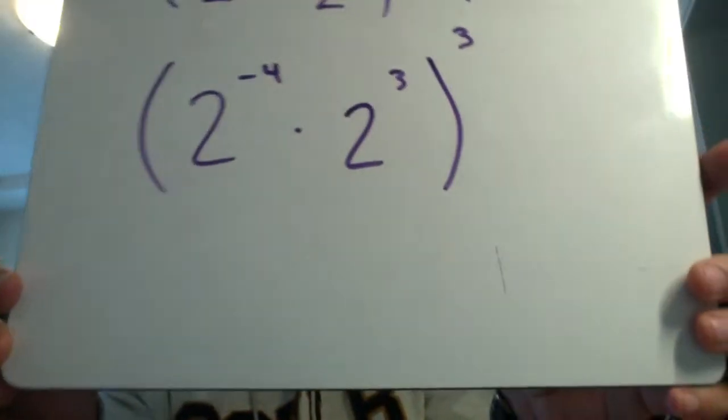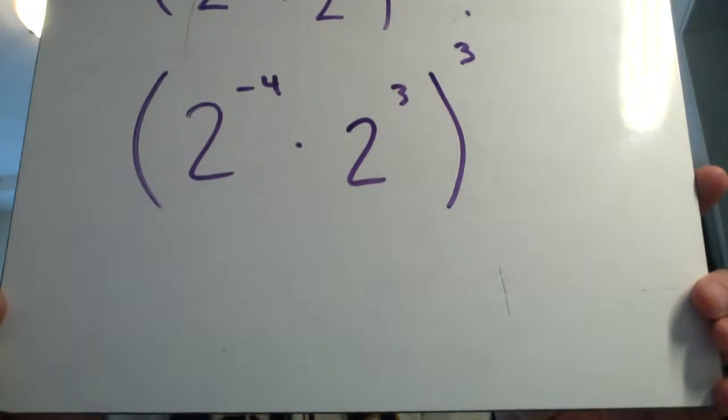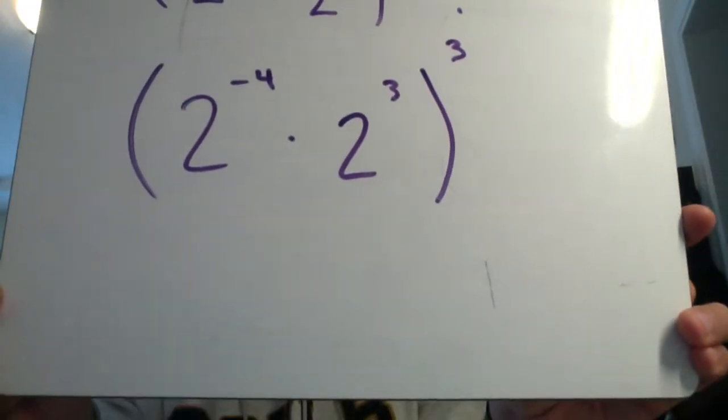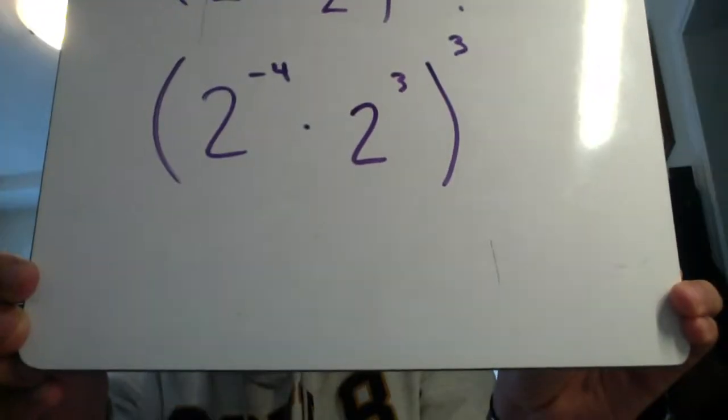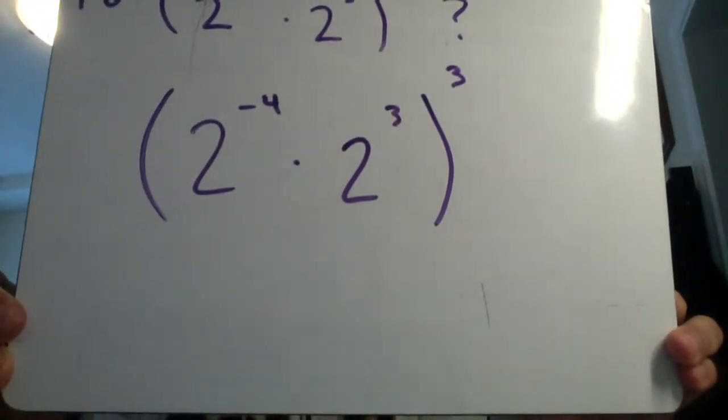There's also another answer on there that we have to notice by looking at the power rule again. If we apply the power rule to this expression right away, we can rewrite this using multiplication.